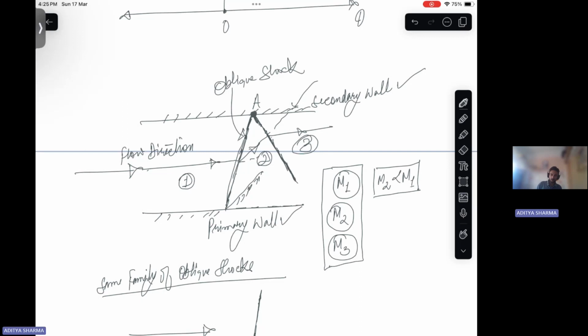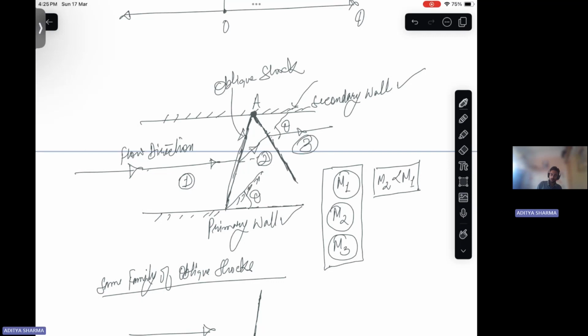So as M2 is less than M1, for the same deflection angle theta, so we have this theta, then at the secondary wall also the deflection will be theta. So M2 is less than M1.